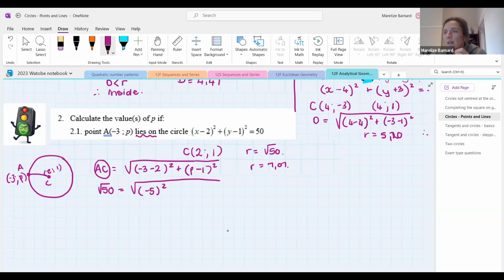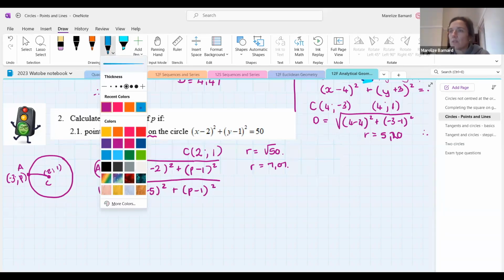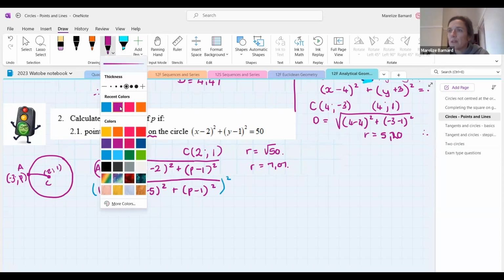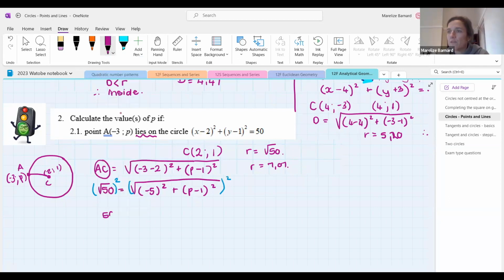I'm going to simplify a little bit, make this easier. Now we're going to get rid of these square root signs, and we can do that by just squaring both sides. That gets rid of the square root signs, and that gives me 50. -5 squared, I can simplify as well, it's 25.